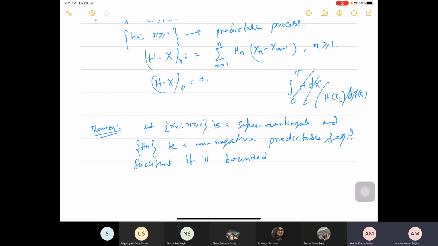Then the sequence (h·x)_n is a supermartingale.